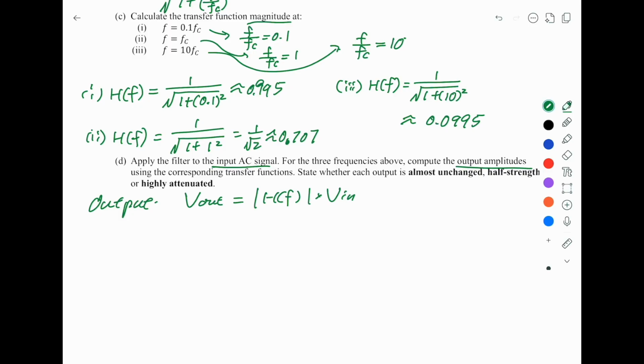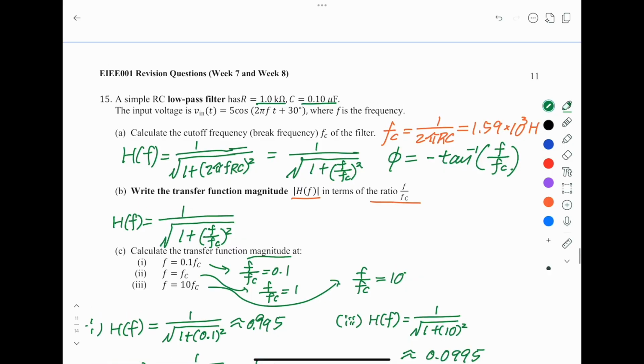If the input is 5, it doesn't change the angle; we're just focusing on the amplitude. So this is your system.